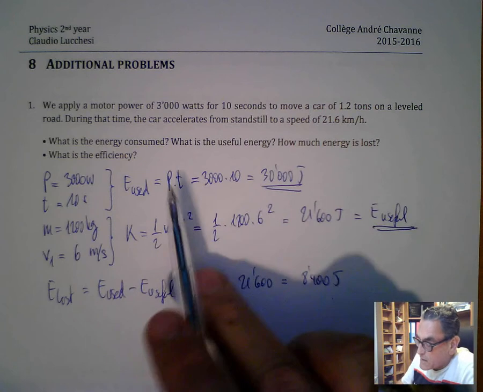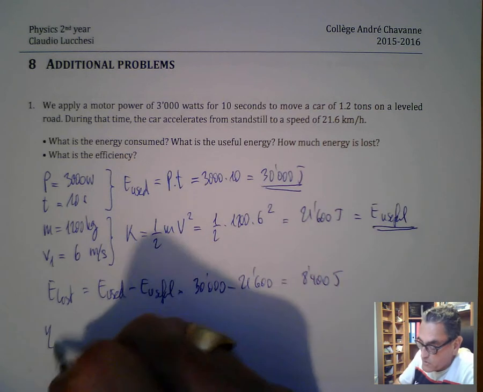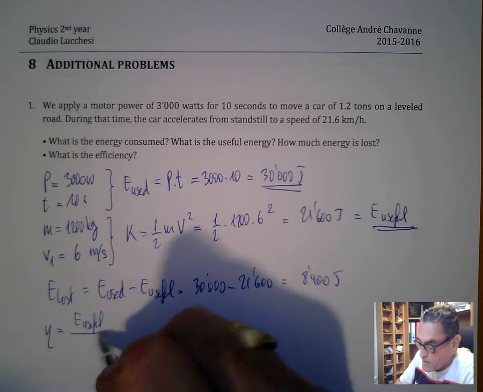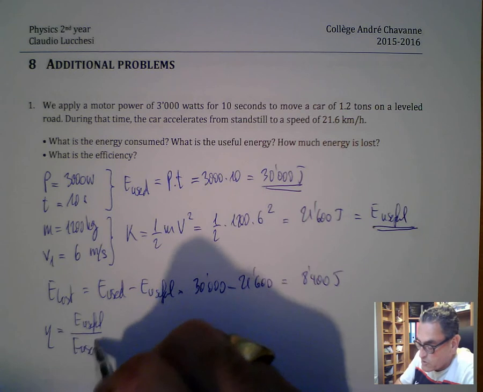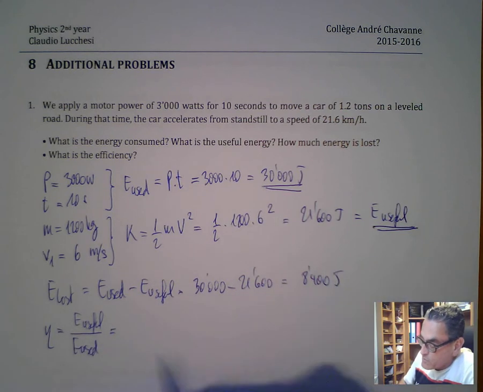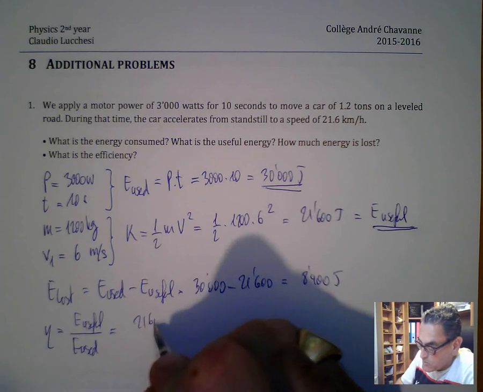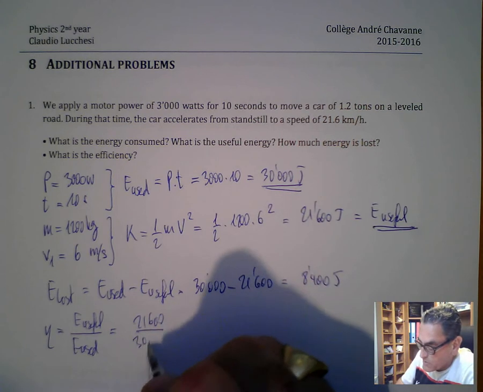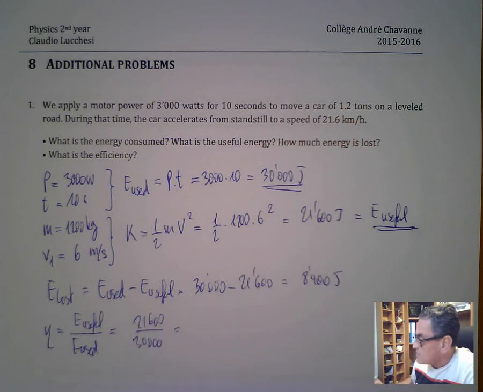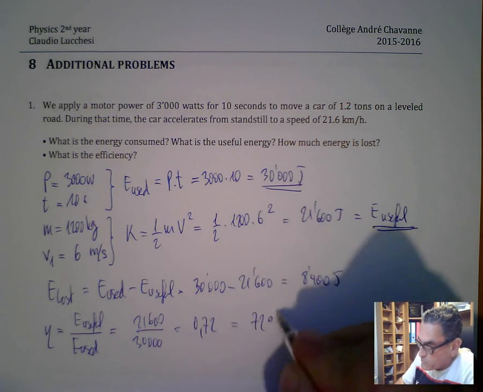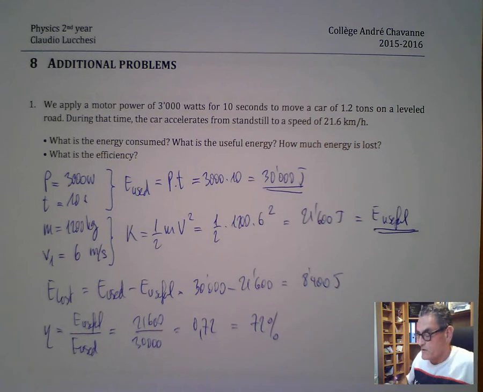And now we want to know the efficiency. As you know, the efficiency is the useful energy over the energy used. So here we have 21,600 divided by 30,000, and that gives you numerically 0.72, which is 72%.